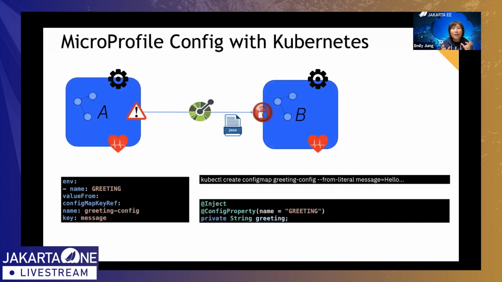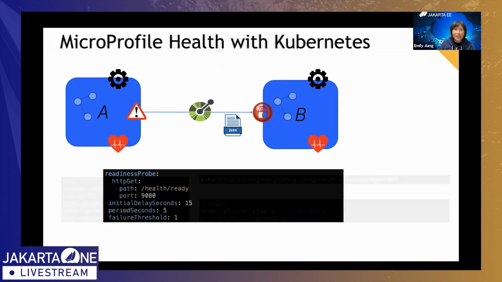The beauty of MicroProfile Config, which I mentioned earlier, is that you can specify your Kubernetes config map and directly inject it into your Java source. Here is a Kubernetes config map, which you map to an environment variable. As I mentioned earlier, environment variables are an opt-in config source for your application, so you can directly inject into it.